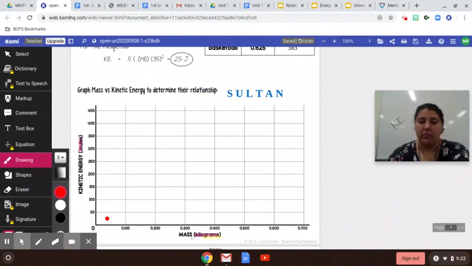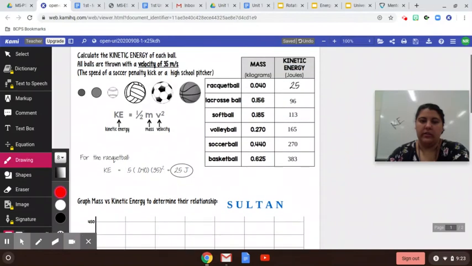So we have our mass on the x-axis, and we have our kinetic energy on the y-axis. So basically what it's telling us is we were given the mass and we were measuring how much kinetic energy those sports balls have.